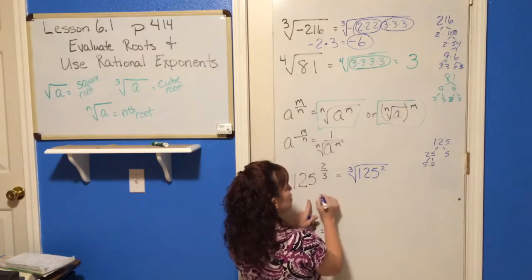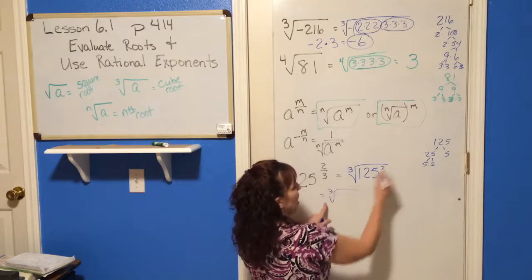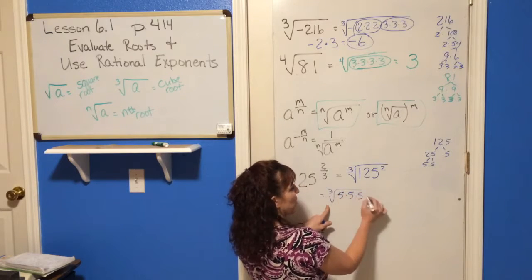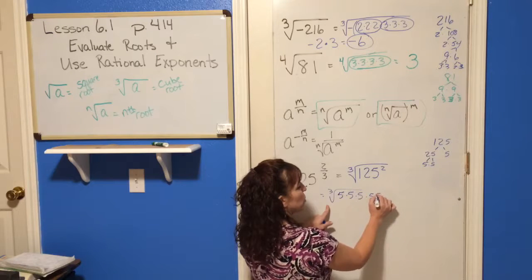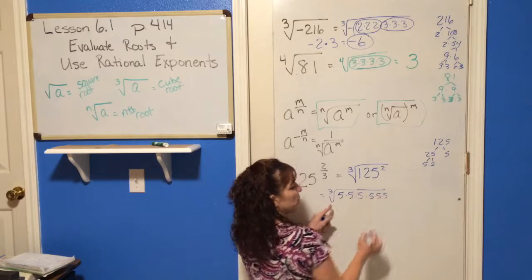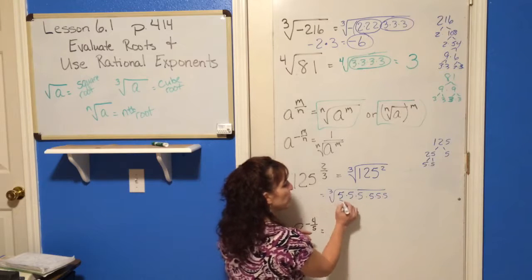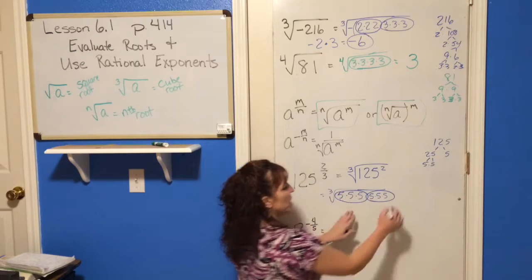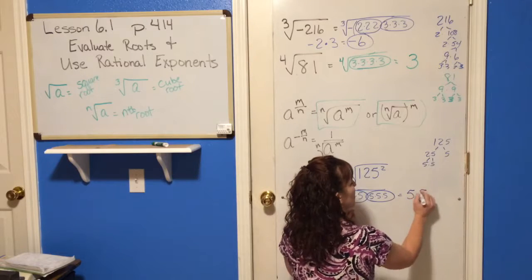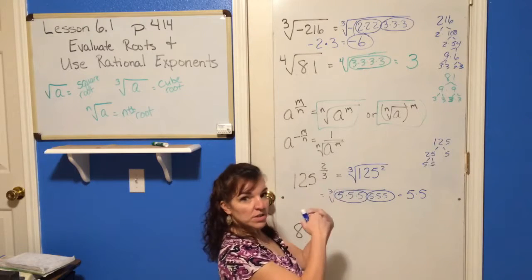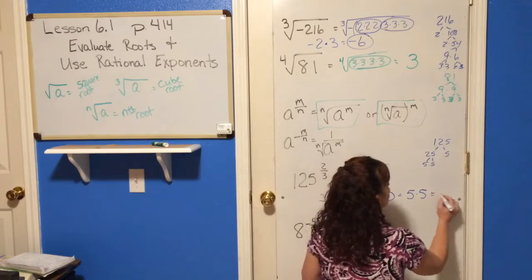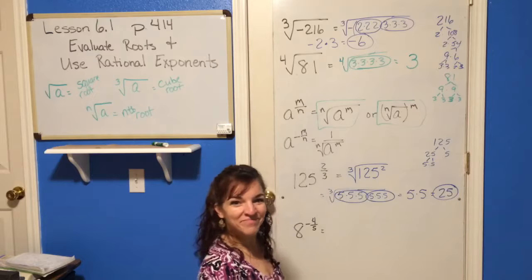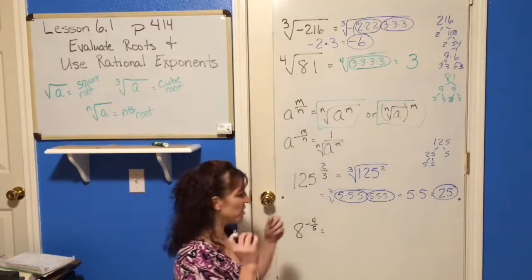So we have the cube root of 5 times 5 times 5 squared, which means now we've got another one, so 1, 2, 3 factors of 5. Now we look for sets of 3. So we've got 5 and another 5 come out, and you multiply those together. So your final answer is 25. Easy, just follow the steps one by one.